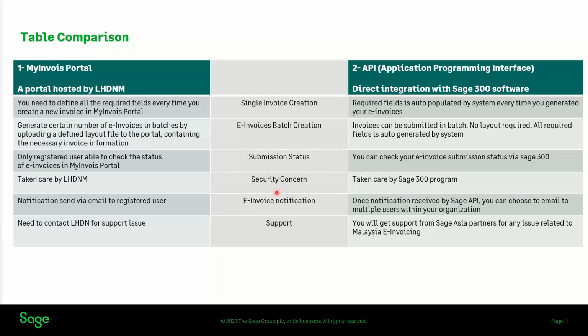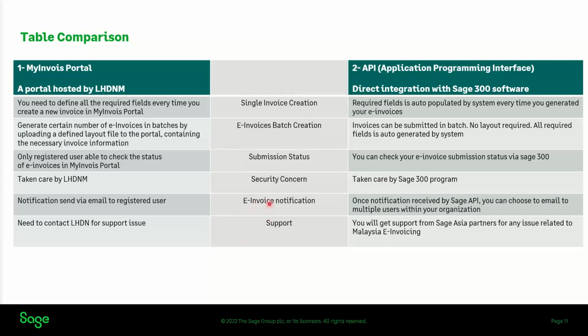The next point is security concerns. If you are using the My Invoice portal, LHDN will definitely take care of this portion. But if you are using our Sage 300 API, it will be taken care of by the Sage 300 program.